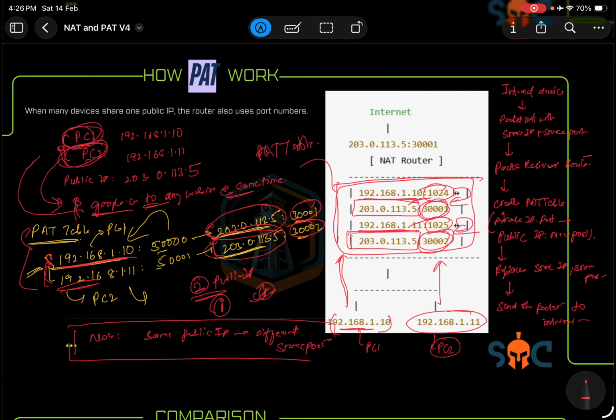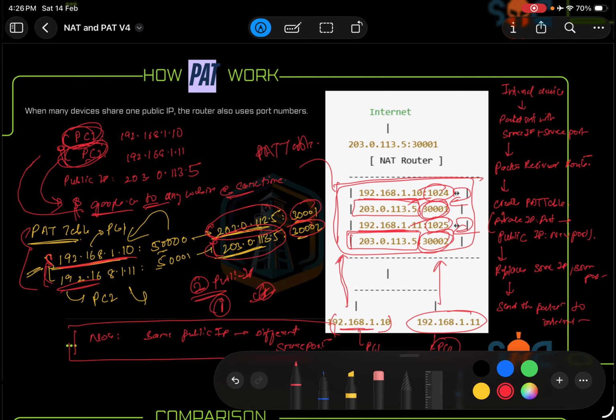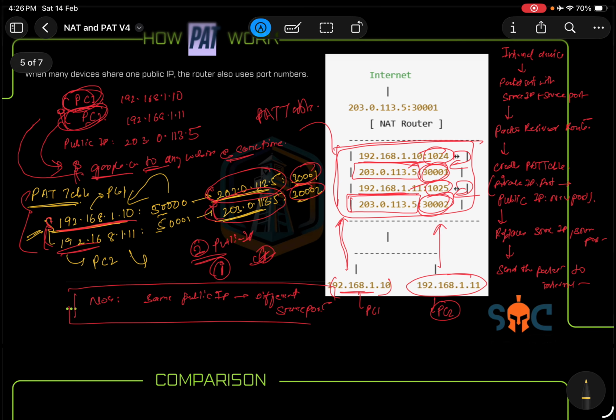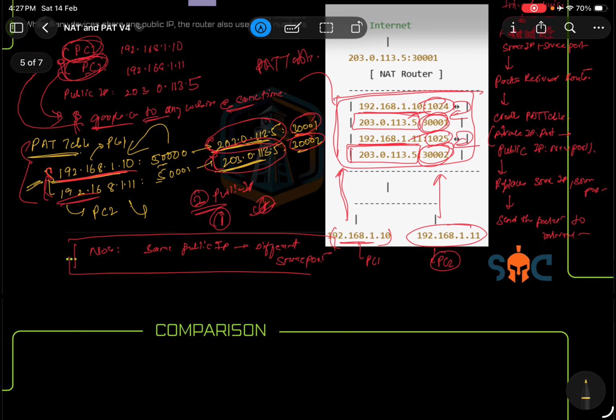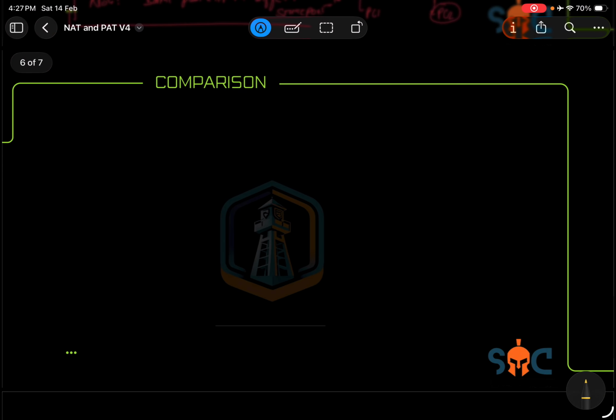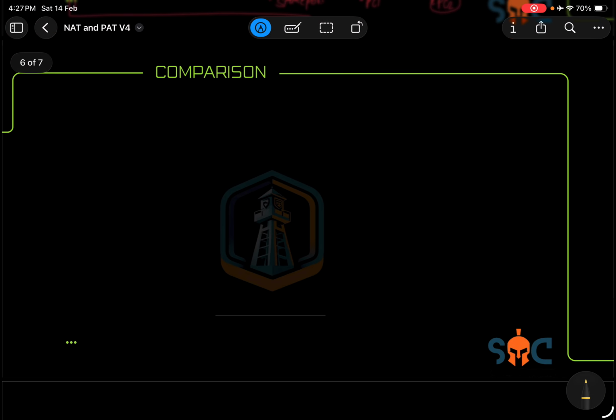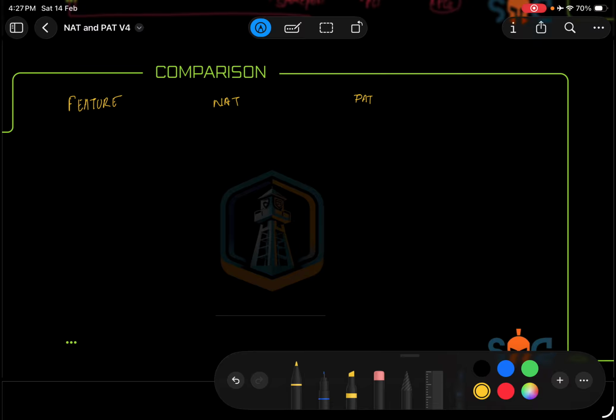So let's have a quick comparison between NAT, that is network address translation, and PAT, that is port address translation. Let's compare the features of NAT and PAT.